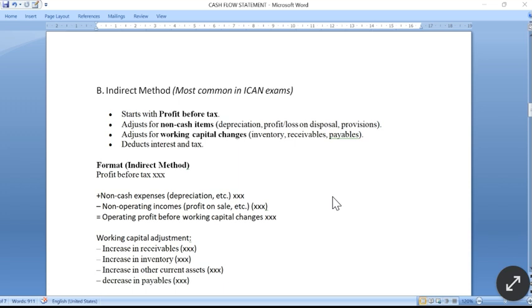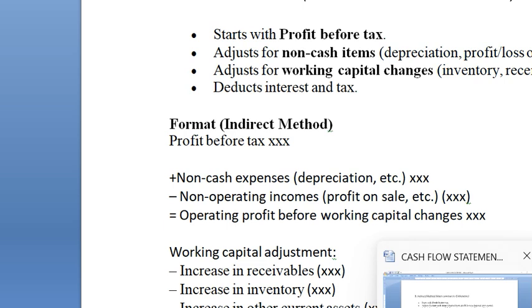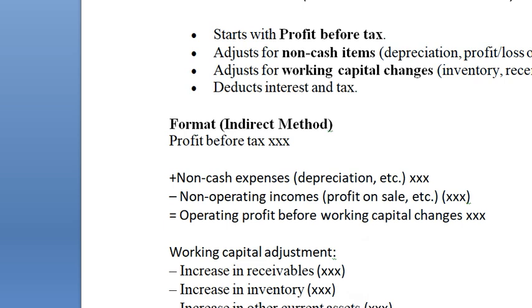And every increase in all the current assets, you just have to add it up. Then any one of them that decreases, that I'm talking of current assets now, you will subtract it.